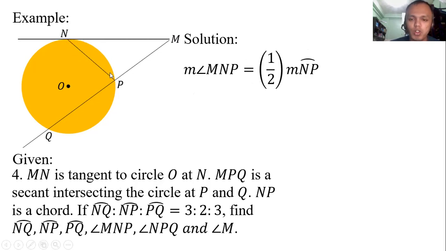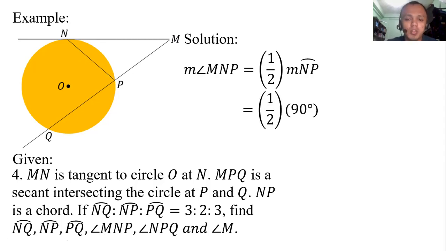And the measure of angle MNP is half of the measure of its intercepted arc, which is NP. And if your NP is equal to 90, then we have 1 half times 90 is equal to 45 degrees. So your measure of angle MNP is 45 degrees.